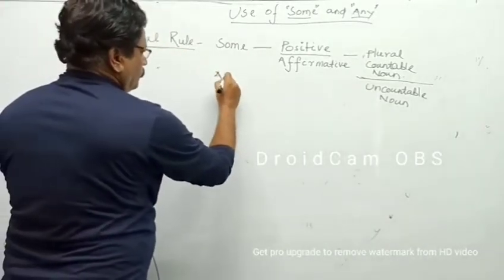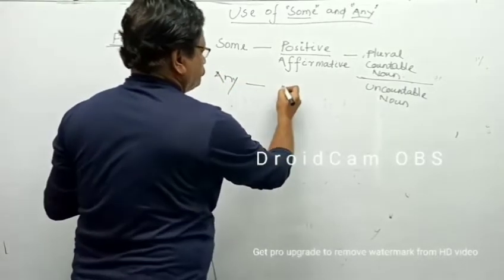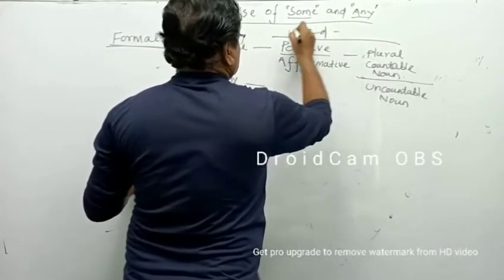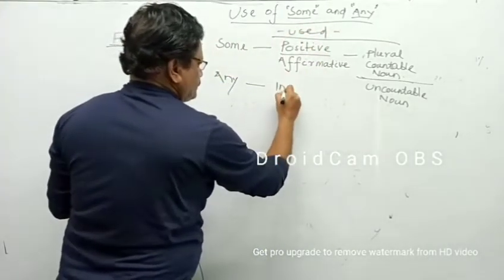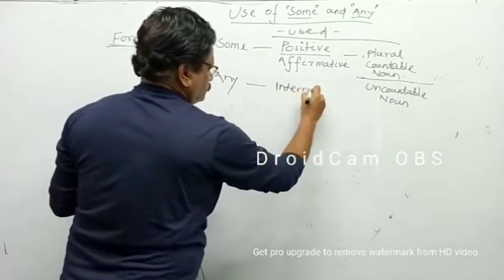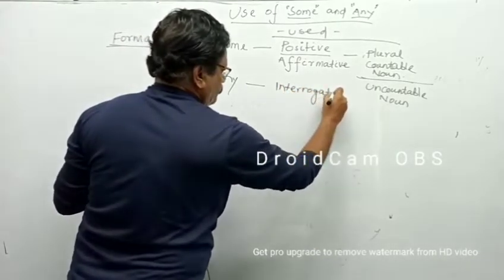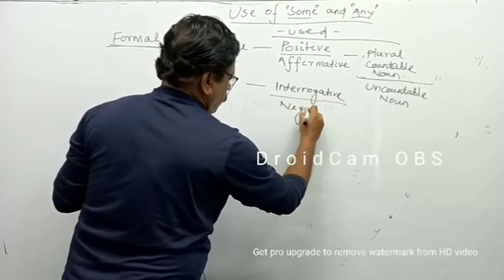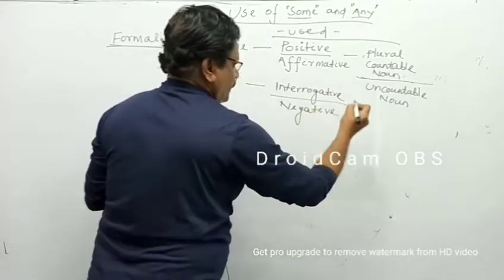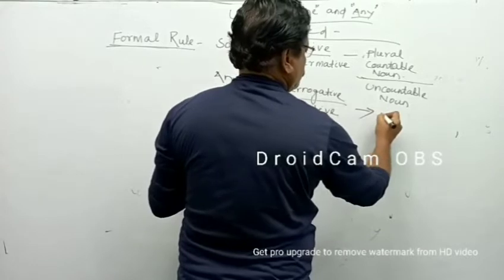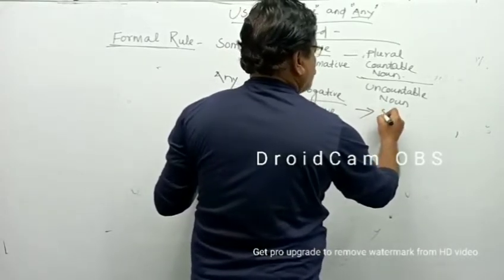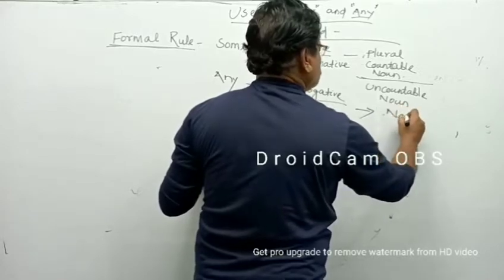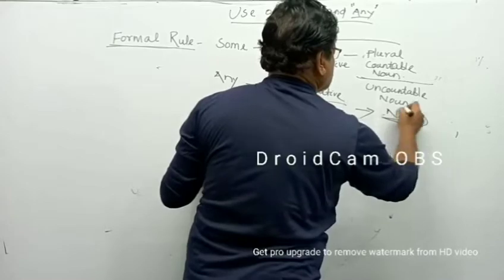Any is used in interrogative sentences and negative sentences, before nouns.